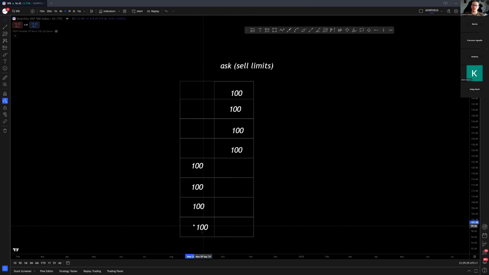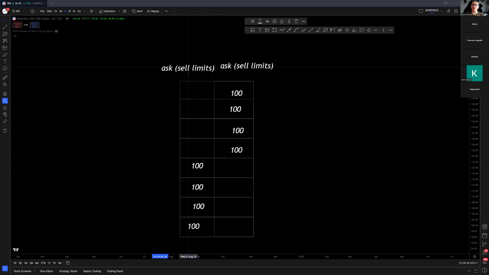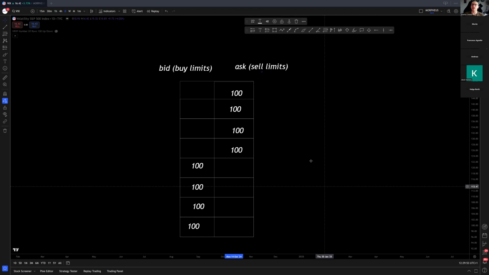And how markets work, as you've probably started understanding, whether from my videos or from this course. This is the bid, and here we have buy limits. And how the auction unfolds is with both buy contracts and sell contracts. So there's not just something being sold.